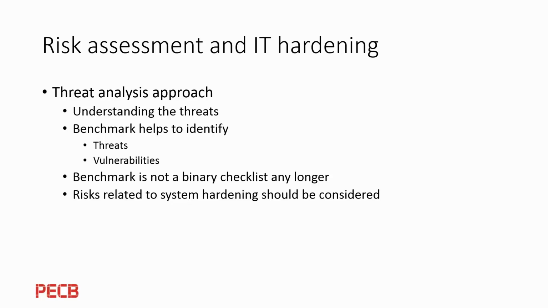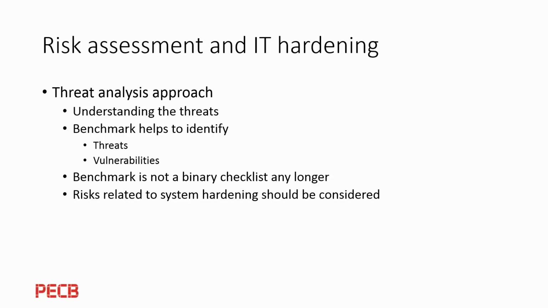But if we are using this threat analysis approach or risk assessment approach, you need to find out, in fact, why this requirement is important to protect our system. In other words, you need to understand which risk is reduced using a given requirement from the benchmark.